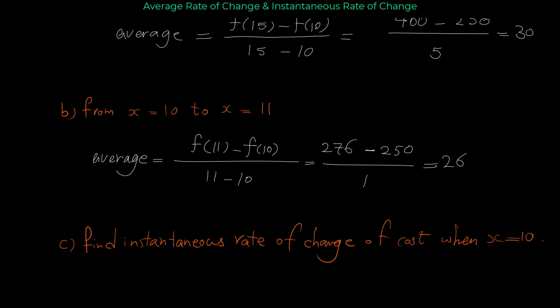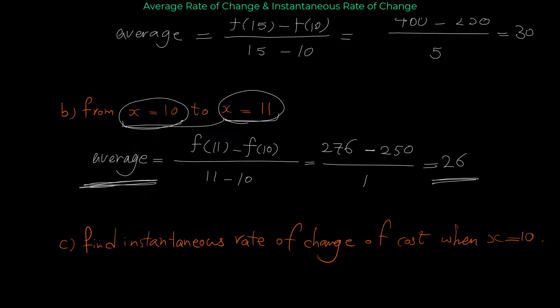So when we increase the production level from 10 to 11, and actually this means that we increase the production only 1 unit, and by doing this, averagely the cost of production increases 26 maybe dollar per unit.